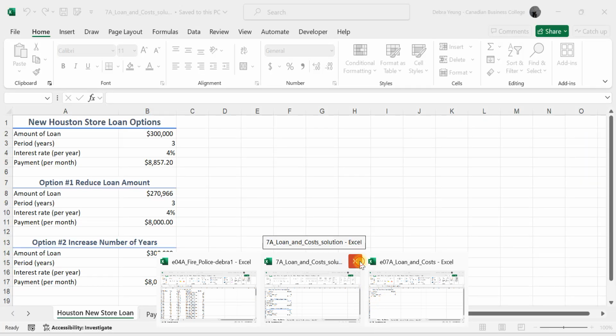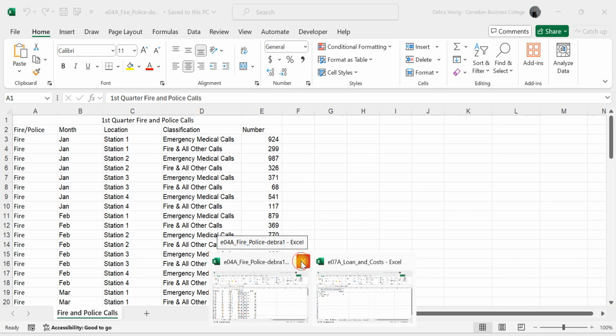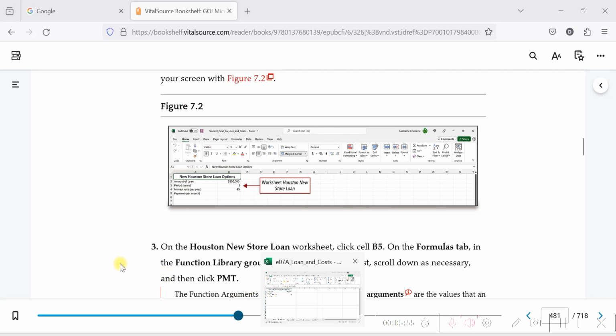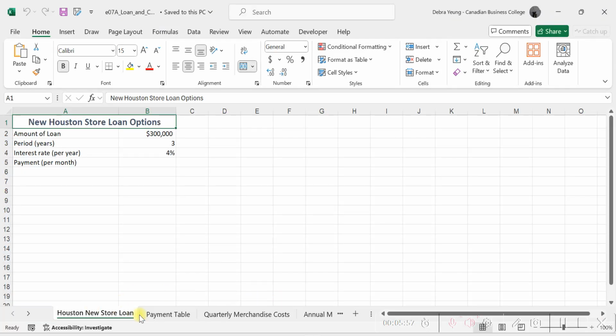Let's have a look at this. You've got Houston payment table, quarterly merchandise, and annual. I will be adding additional exercises for most of what we're going to be covering in the book. So we're in the right place.